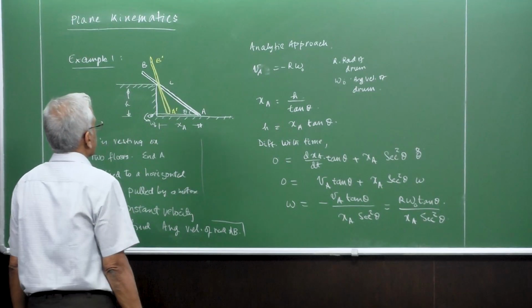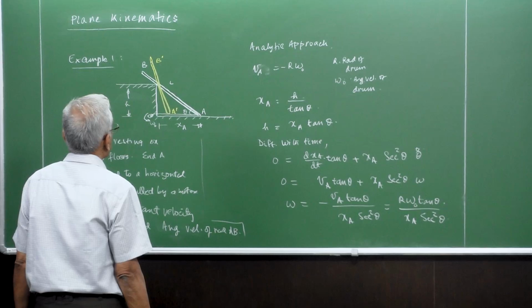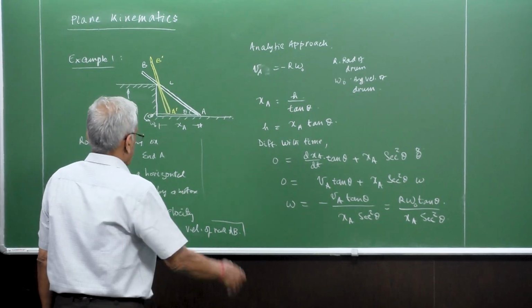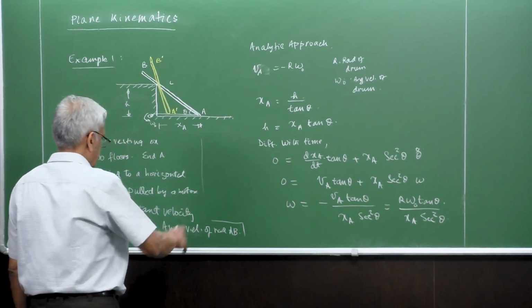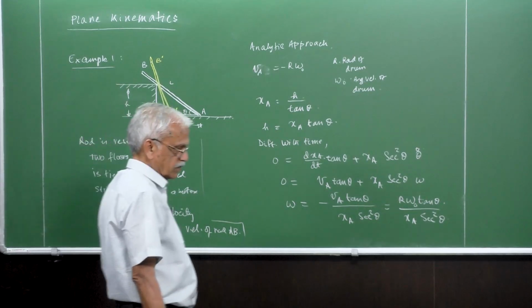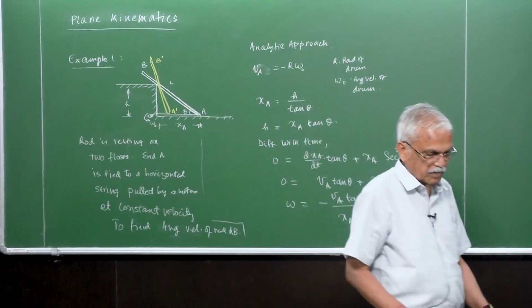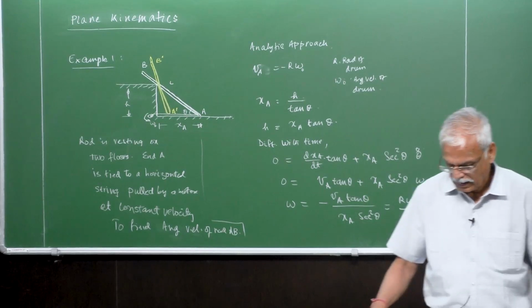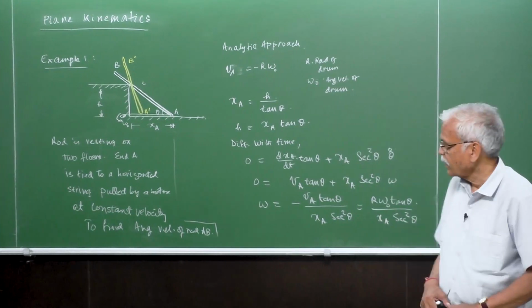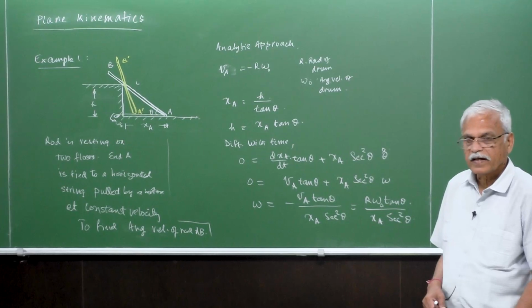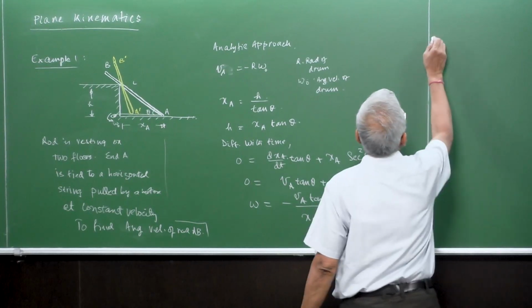Okay, so that's how we can do it, just finding out the angular velocity. We can do many other things. For the moment, we'll leave this here, and then we will take up some other interesting problem, a similar kind of another example.